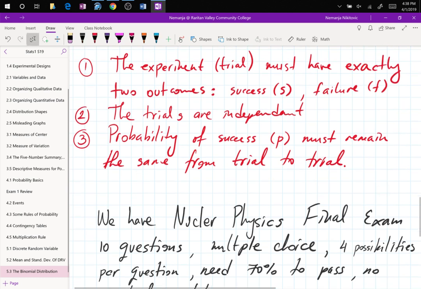Well, the experiment must have exactly 2 outcomes. Each question, in this case, is labeled as a trial, as an experiment. Each question is independent of each other. Your question 2 does not depend on question 1 or question 7, right? So you guessing B on, let's say, question 1 has nothing to do with you guessing A or C or whatever on question 2.